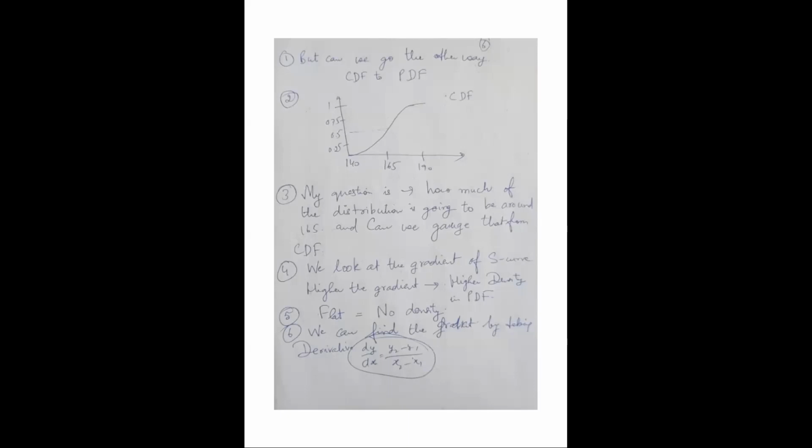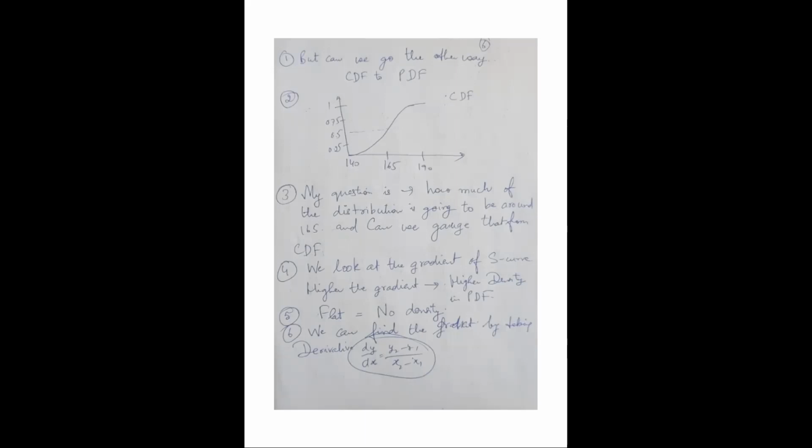In the case of PDF, if you want to understand the distributions, then you will have to look at the area on the left side of the point till where you want to see the distribution. And if you have a CDF curve, you need to look for the gradient.